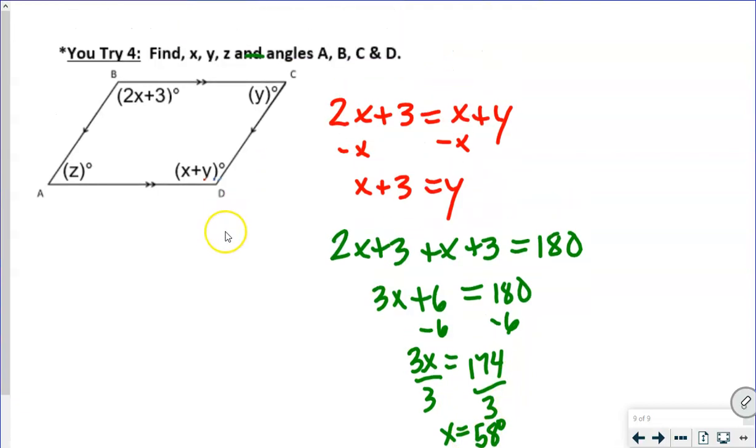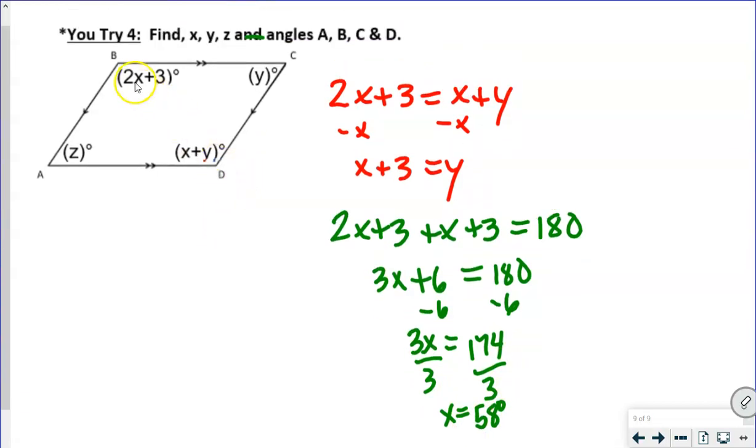Okay, so now when we look up here, we know that we could say that 2 times 58. Now it's not supposed to be degrees, by the way, y'all, it's supposed to just be an x, okay? So for this, if we find the measure of angle B, we're going to go 2 times 58 plus 3.